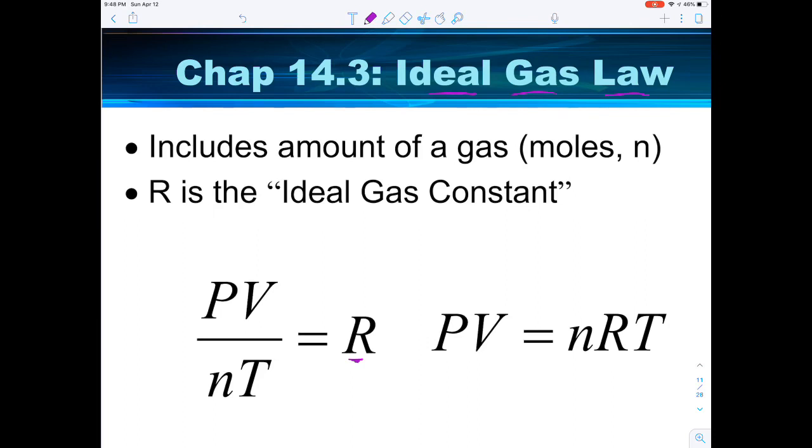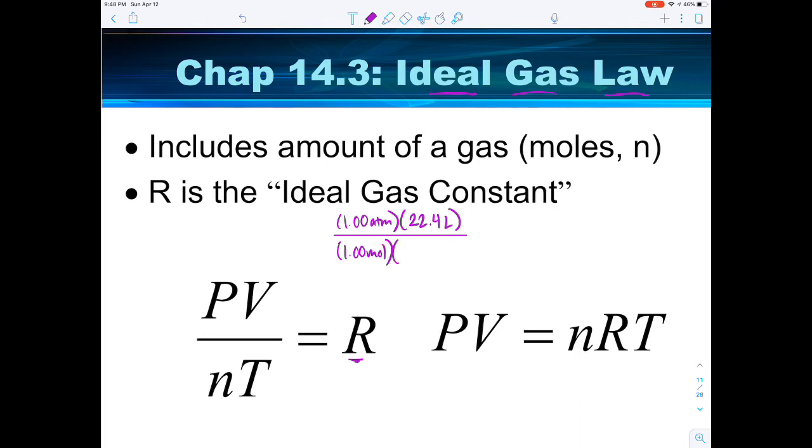So for example, we can say at STP, so remember standard pressure is 1 atmosphere. So we're going to say 1 atmosphere. I'll plug in units just so you can see them, but generally we don't because it's confusing to have so many units all together. 22.4 liters is the volume of this gas under those conditions, any gas. It would be 1 mole.